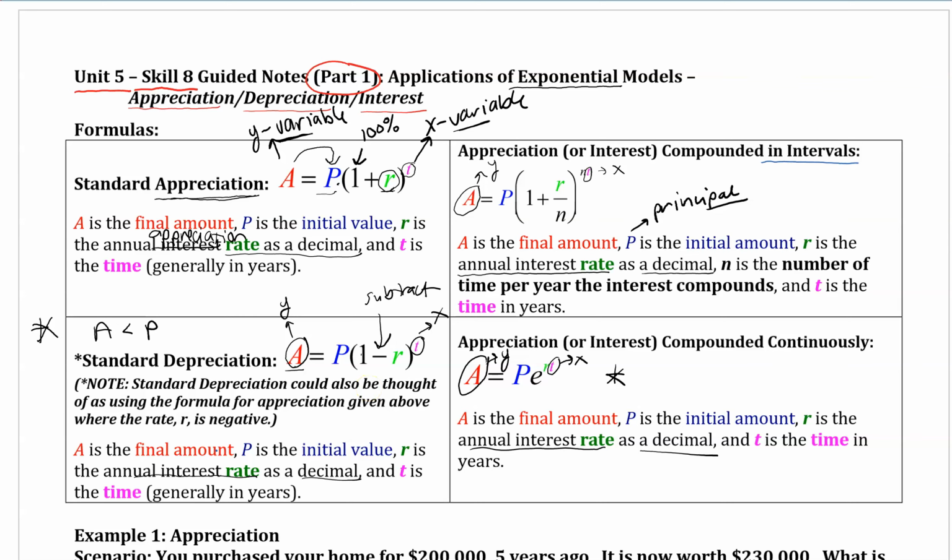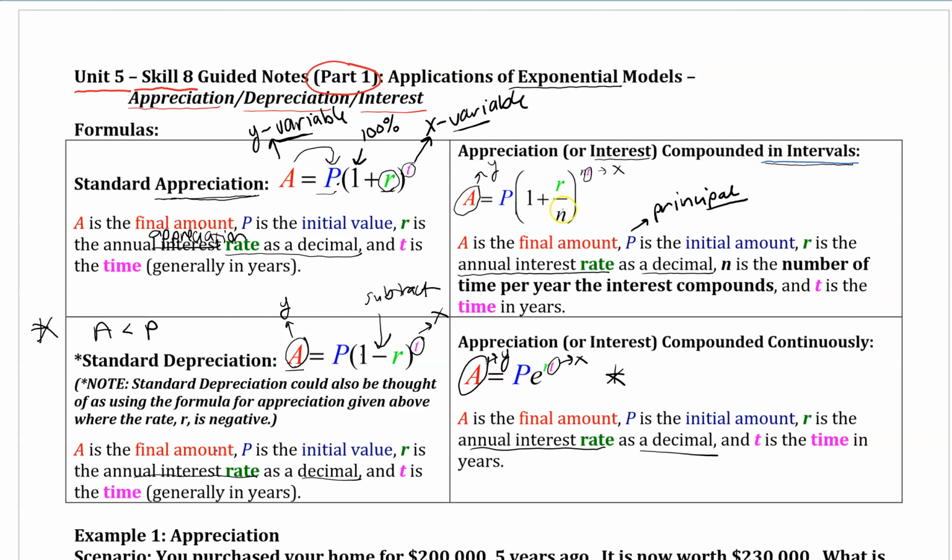Okay, now, when we start looking at things more related to interest, and looking at different savings accounts that have interest, we don't always only compound the interest once per year, as in the standard appreciation model. Sometimes we compound the interest in intervals, more than one time per year.